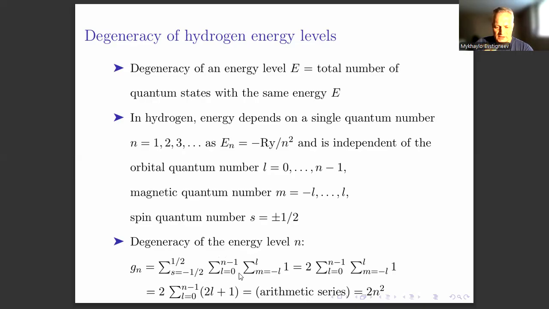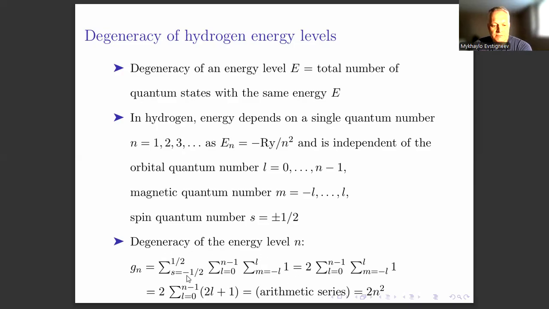Then we have another sum over the orbital quantum number, which changes in the range from 0 to n minus 1, so n different values. And then we have the magnetic quantum number, which changes in the range from negative L to L. Every time one of these three quantum numbers changes, we need to add the number 1 to the total degeneracy. So the summand is just the number 1.